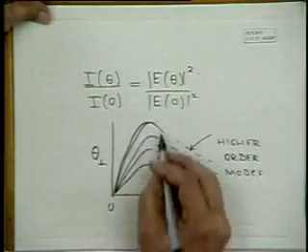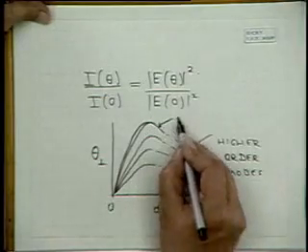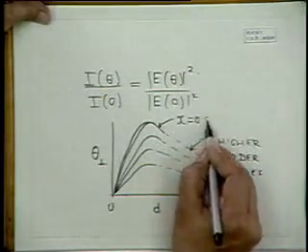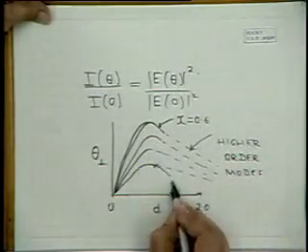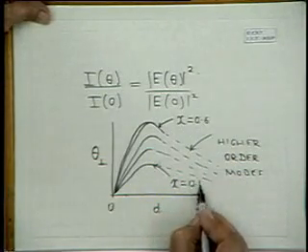However, what are these graphs? These are for different values of x. This is x equal to 0.6, 0.5, and this is x equal to 0.1.